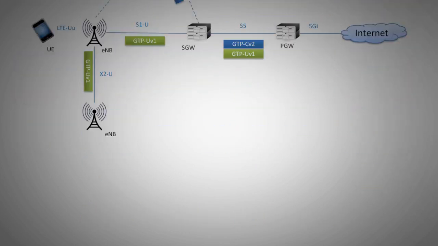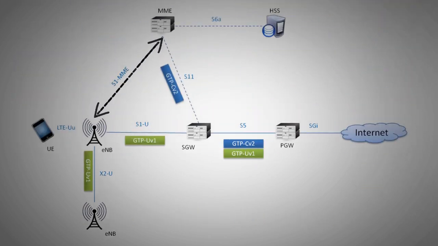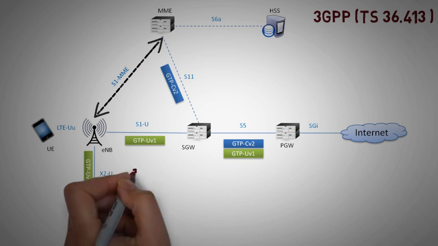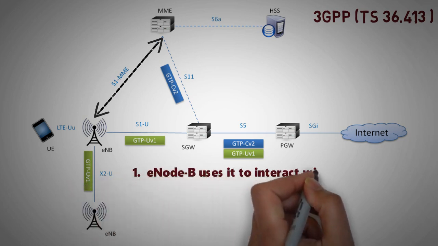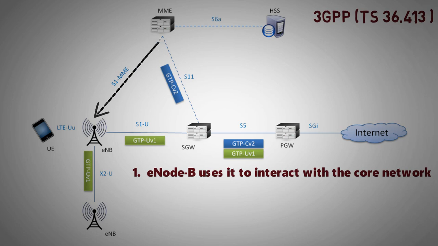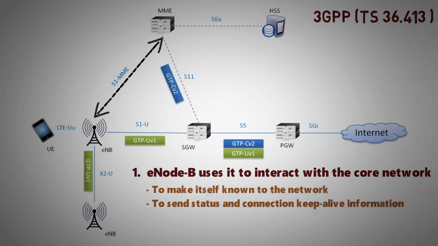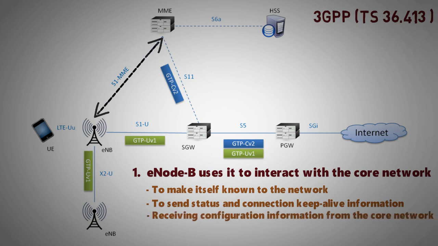The S1 control plane protocol, as defined in 3GPP, is required for two purposes. Firstly, the eNode B uses it to interact with the core network for its own purposes, that is, to make itself known to the network, to send status and connection keep alive information, and for receiving configuration information from the core network.